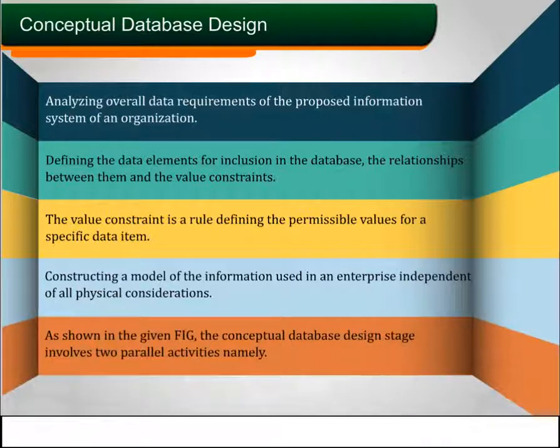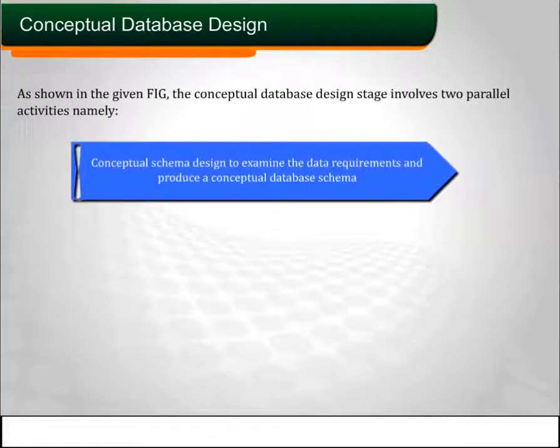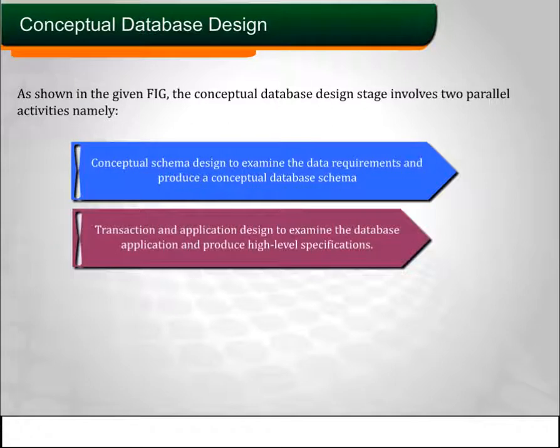As shown in the given figure, the conceptual database design stage involves two parallel activities, namely, conceptual schema design, to examine the data requirements and produce a conceptual database schema, and transaction and application design, to examine the database application and produce high-level specifications.